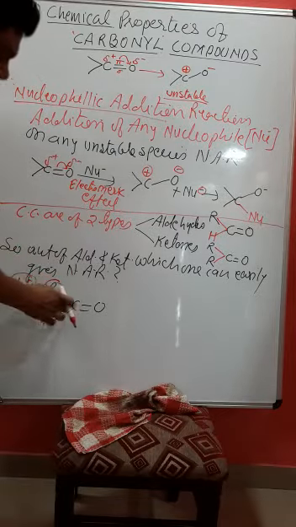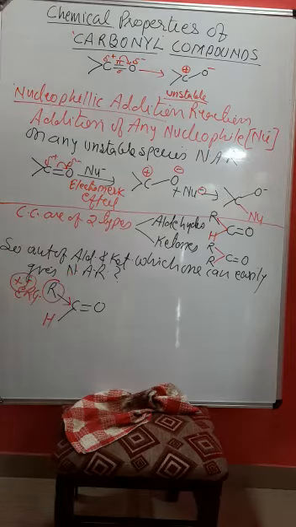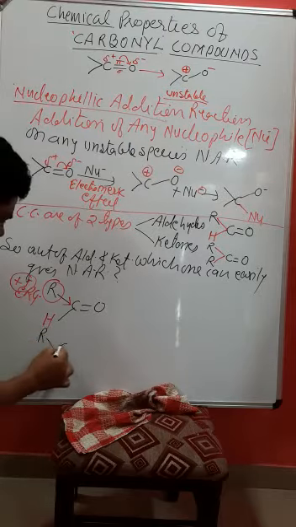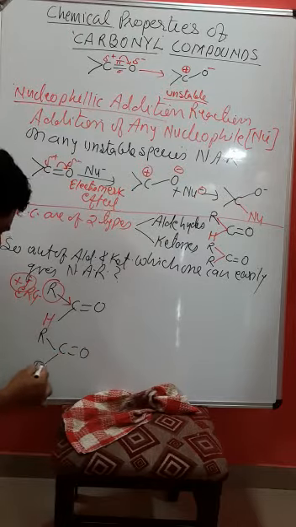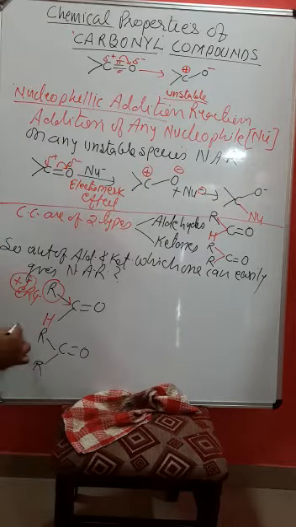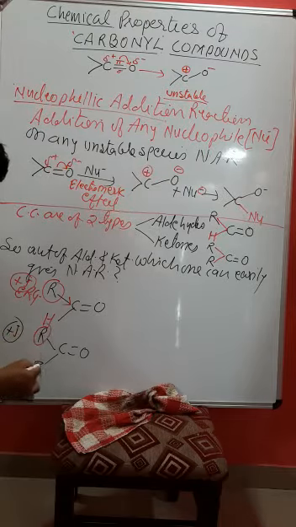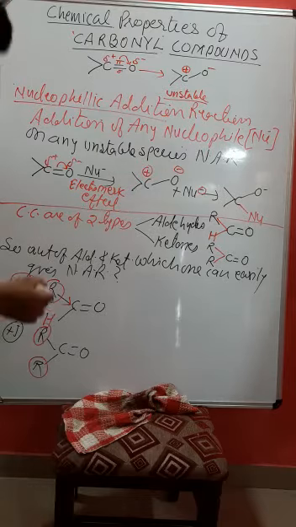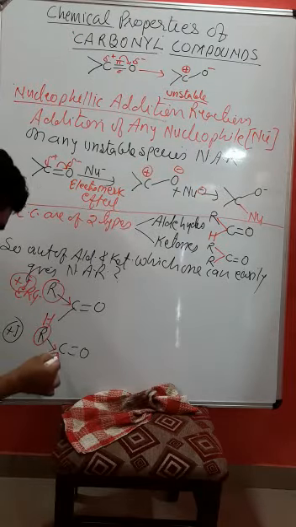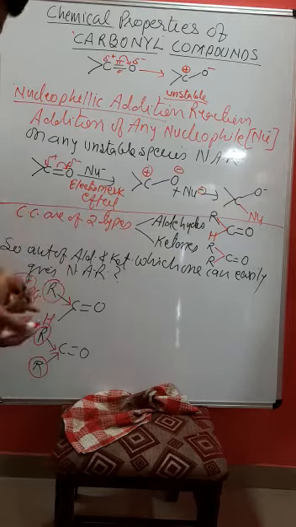That means the deficiency of carbon will decrease a little bit. But in the case of ketone, R, C double bond O and R, the plus I effect is also shown by the alkyl radicals, but there are 2 alkyl radicals, therefore they will release more electrons on carbon.